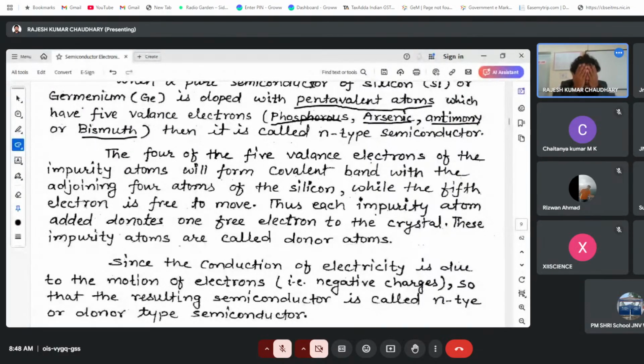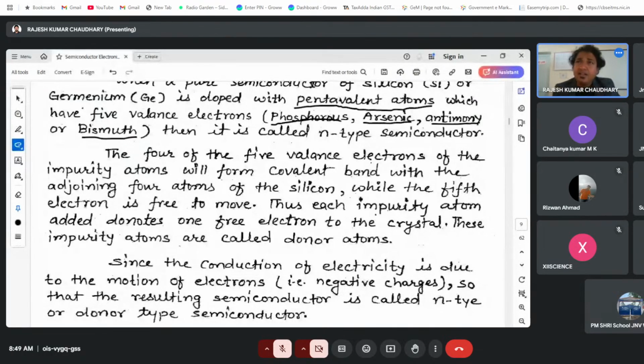The bond created by sharing electrons is called a covalent bond, in which electrons are shared among the atoms.